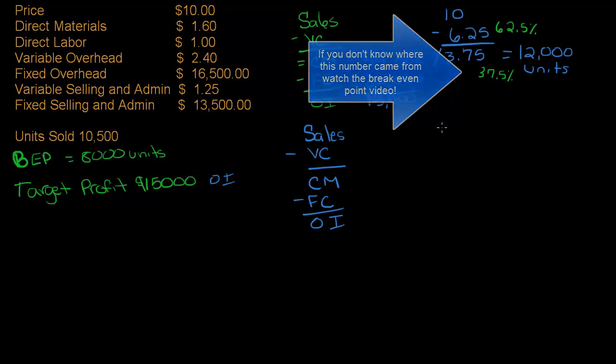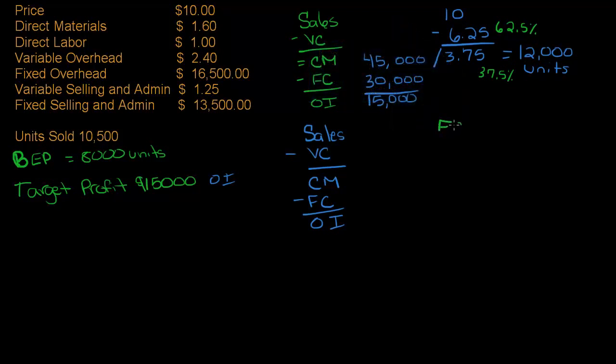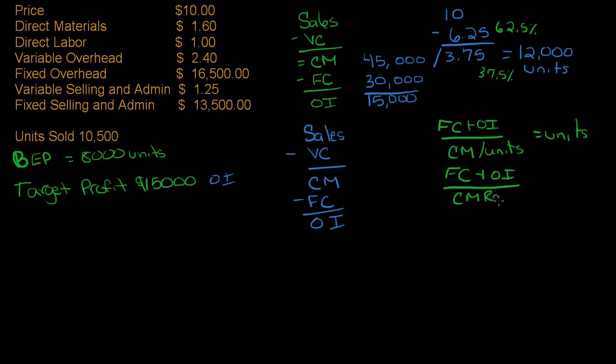So if I take fixed cost plus operating income divided by contribution margin in units, that equals units. If I take fixed cost plus operating income and divide it by contribution margin ratio, I get dollars. Okay, now notice here's a little tip.